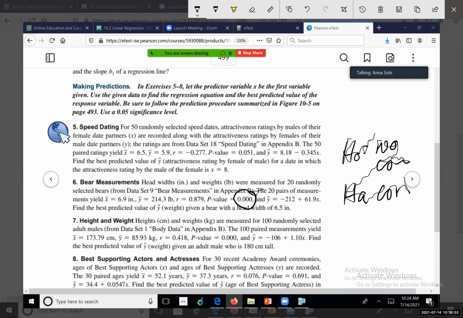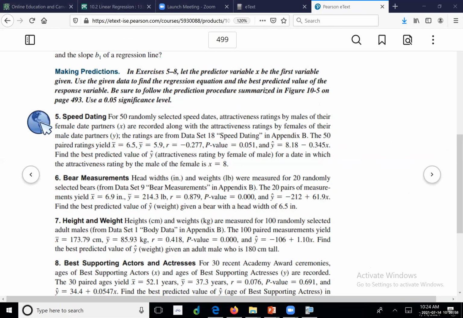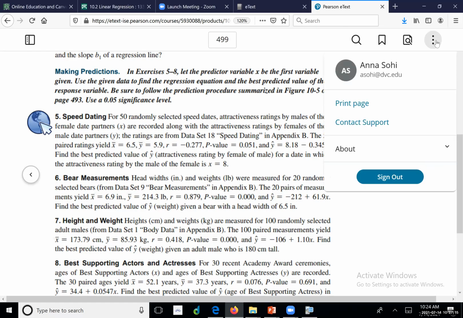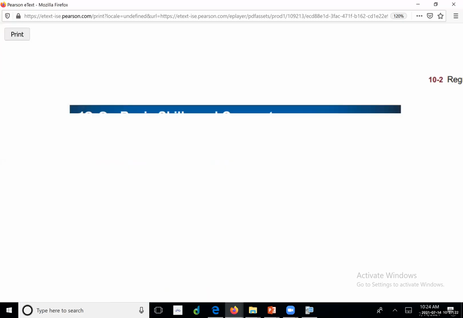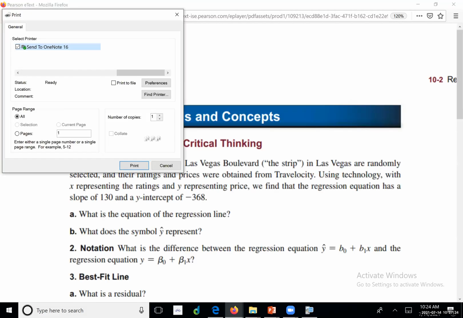If P is small, we are supporting the alternative. So, great job. There is a correlation, because the p-value is small. If there is a correlation, that means the prediction line is a good line.